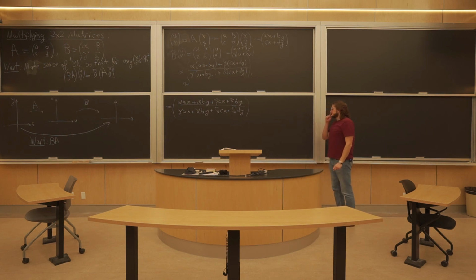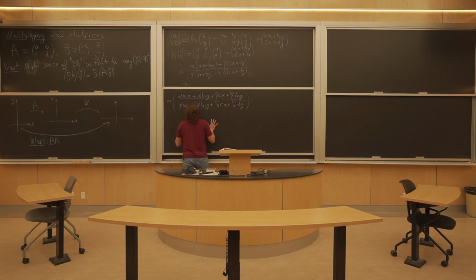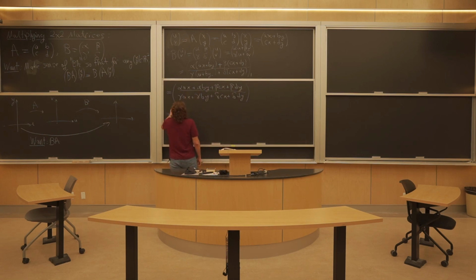Okay? Now, at the end, I want to display this as some matrix applied to xy. This suggests that I should combine the x terms and the y terms. Okay, let me do that. So this is alpha a plus beta c times x plus alpha b plus beta d times y as the first row.